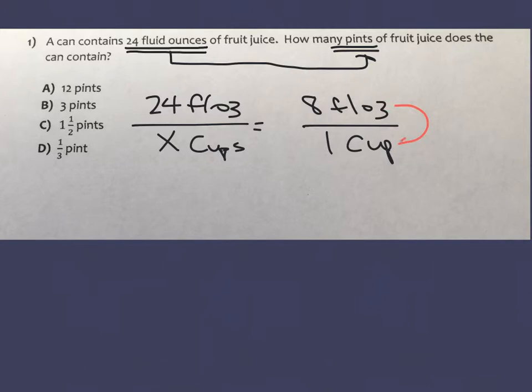Let's use within. I can go from 8 to 1 by dividing by 8, which means I can do the same thing to my other ratio. 24 divided by 8 is 3. So 3 cups. 24 fluid ounces is 3 cups.